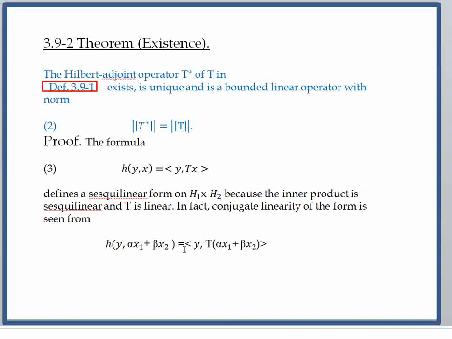So the norm of T* is equal to the norm of T, because the norm of T* is due to H1 and the norm of T is due to Hilbert space H2, and their representation will also be unique.